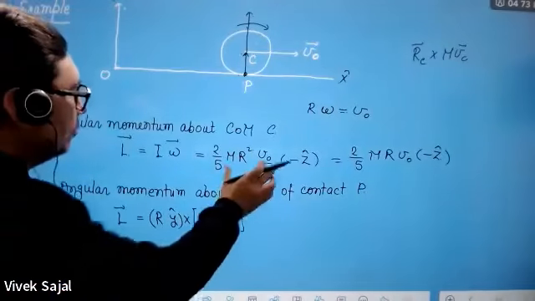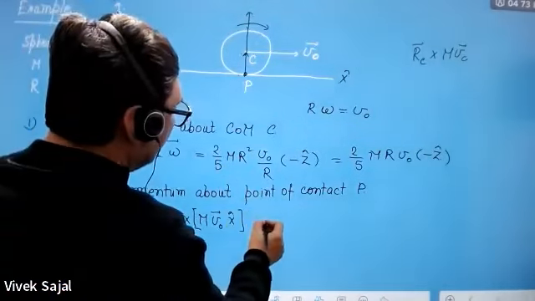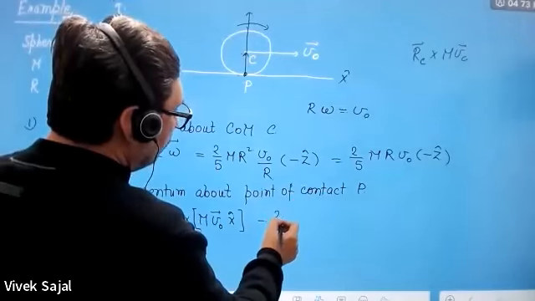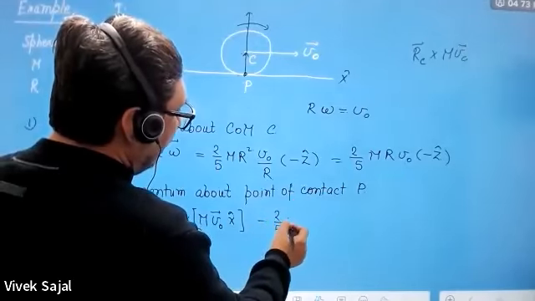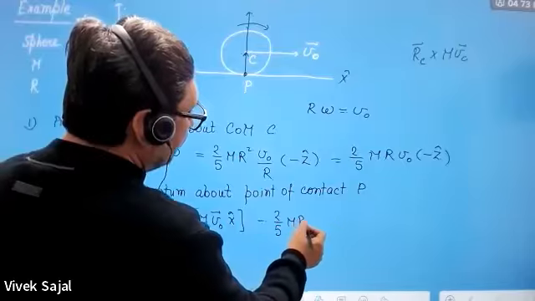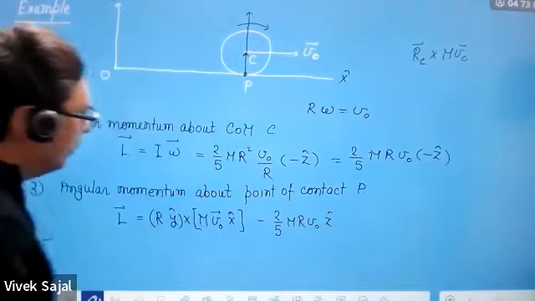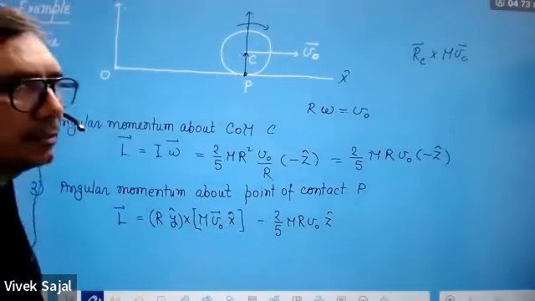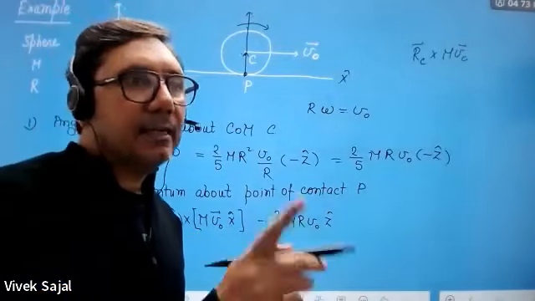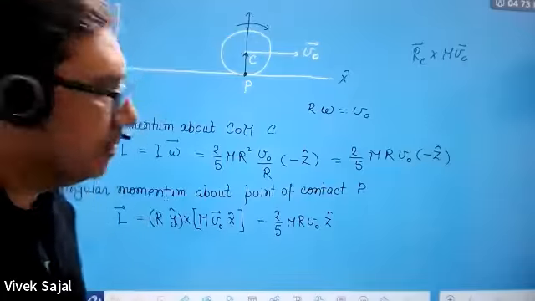Second will be I omega. So I omega will remain the same: minus 2 by 5 m R V naught z cap. The first term will be y cross x. X cross y is z cap, so y cross x is minus z cap.